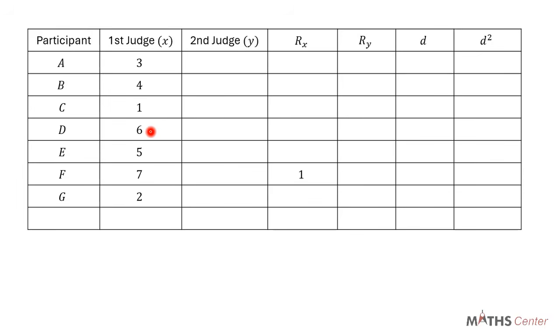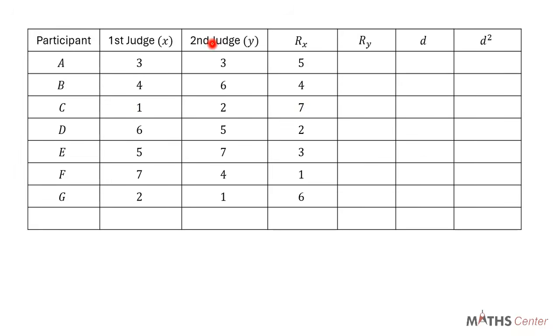The one after that is 6, that will have a rank of 2. The next one is 5, rank 3. The next one is 4, rank 4. The next one is 3, rank 5. The next one is 2, rank 6. And the last one is 1, that will have a rank of 7.